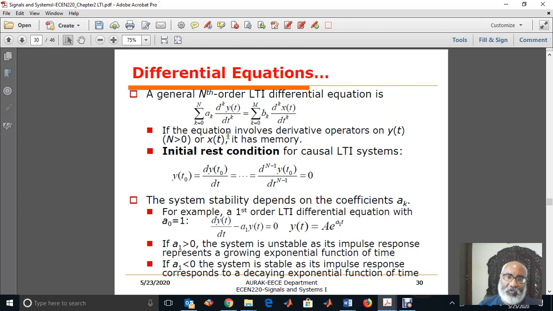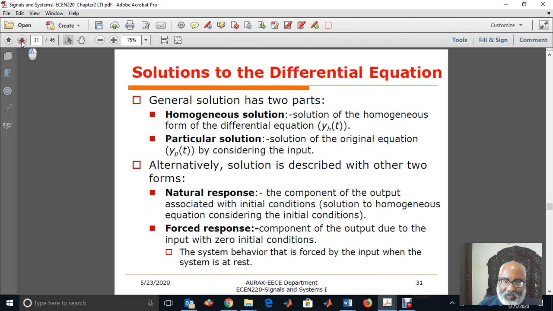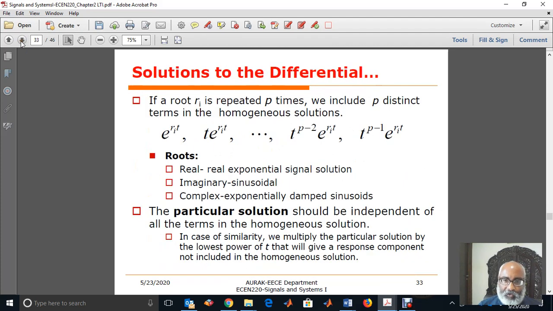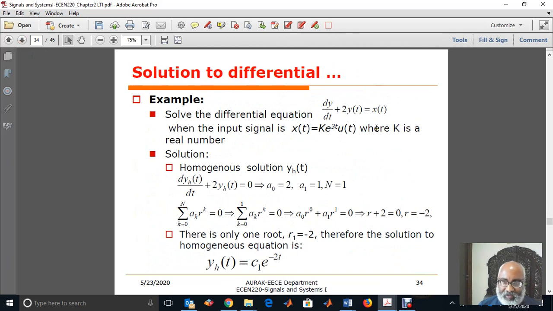A2 is the coefficient of the second derivative of y. A3 is the coefficient of the third derivative of y. So from that relation here, A0 is the coefficient of y, which is 2. A1, the coefficient for the first derivative of y, is equal to 1. N is 1, that means first order system.